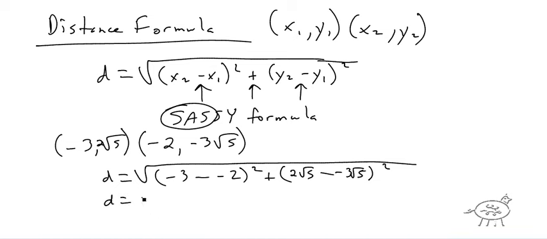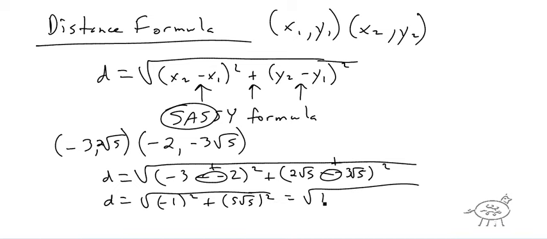So the distance equals the square root of negative 1 squared plus 5 root 5 squared. That's the square root of 1 plus 5 squared, which is 25, times 5 is 125.